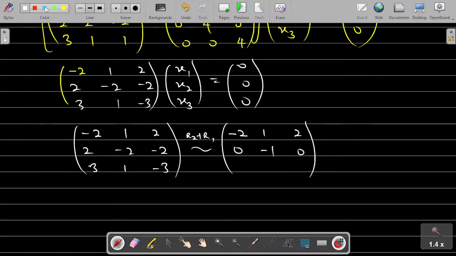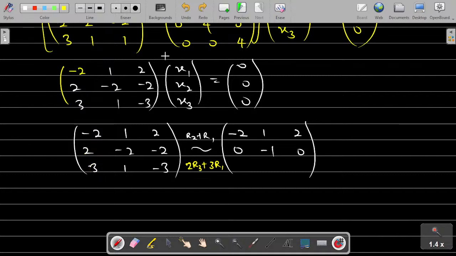So watch this: 2 times row 3, remember I'm replacing row 3, then plus 3 times row 1. Remember your leading coefficient will be your minus 2. So I'm doing everything with respect to row 1.